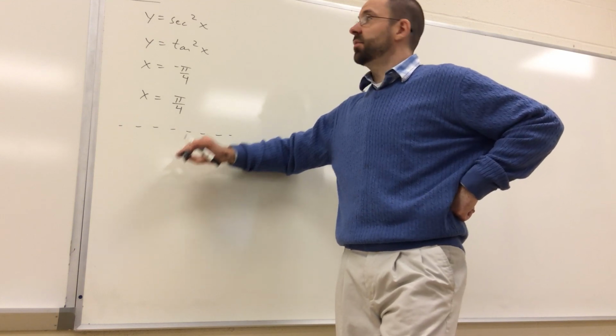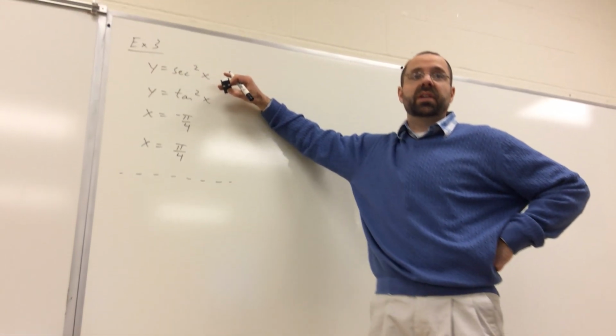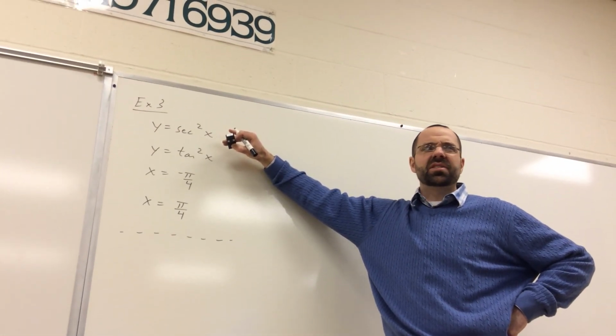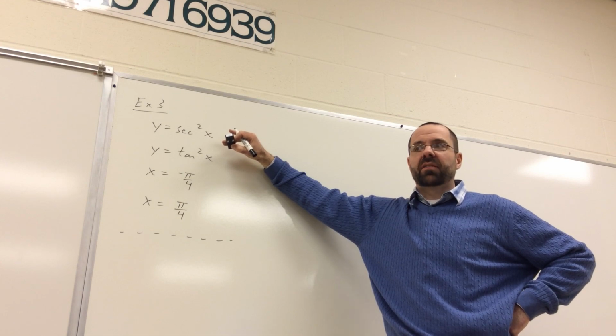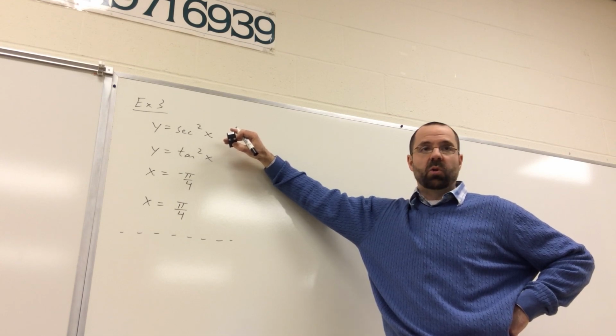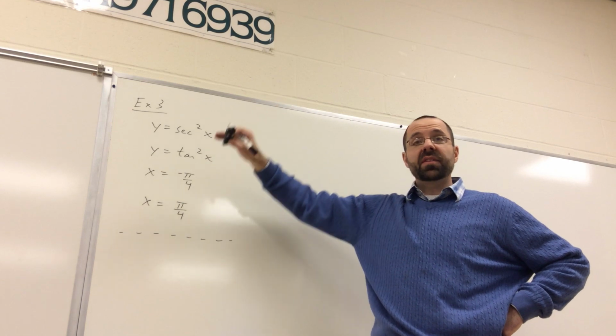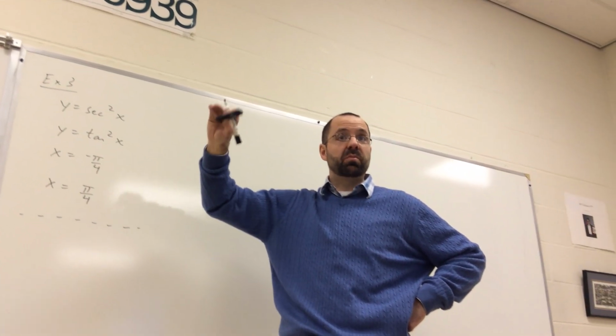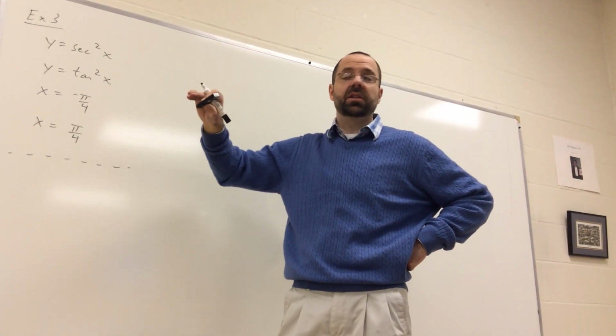So we're just going to graph y equals secant squared in the calculator. There's not a secant button, so how do you graph secant? It's 1 over cosine, so you'll need to put parentheses 1 divided by cosine x, parentheses squared, in your y1.